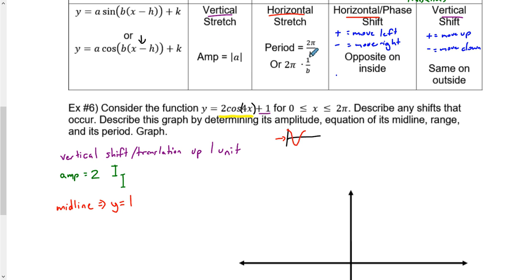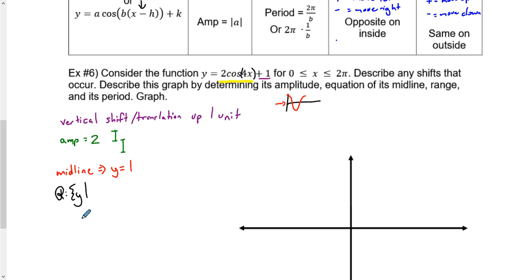which is also going to affect our range. Because instead of having a range of -1 to 1, which is normally what it would be, a few things change that. First off, we've changed what our midline is. And at the same time, we've also changed what our amplitude is. Remembering for the amplitude, we always measure from the middle to the highest point and from the middle to its lowest point.